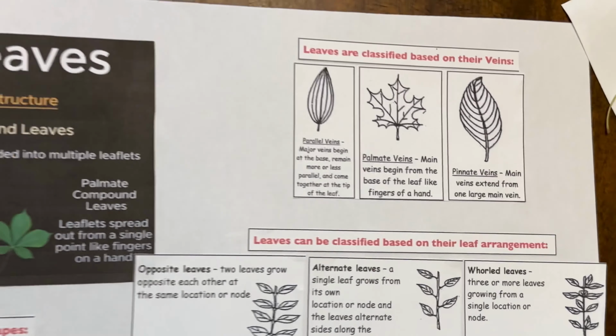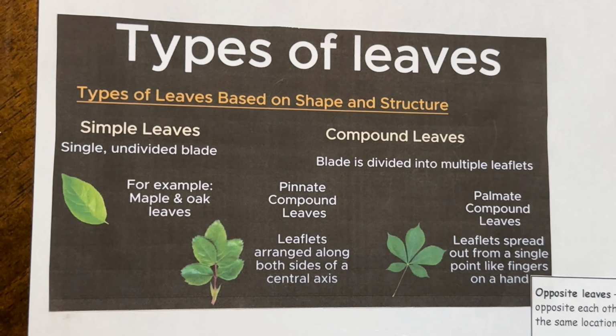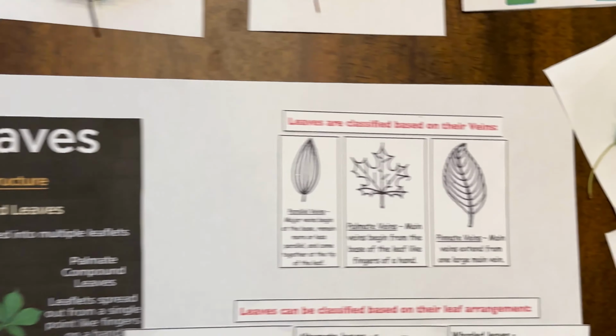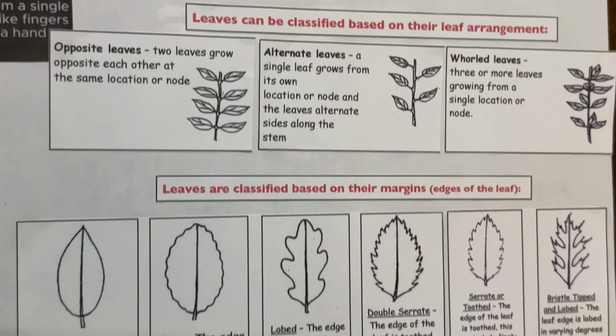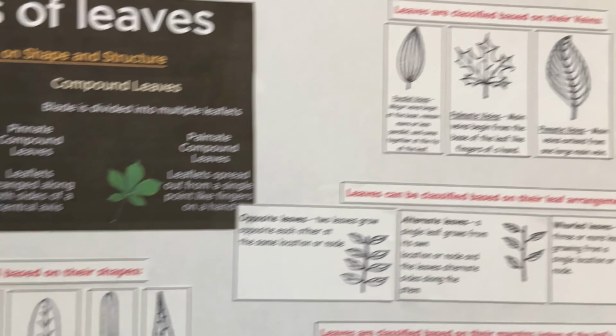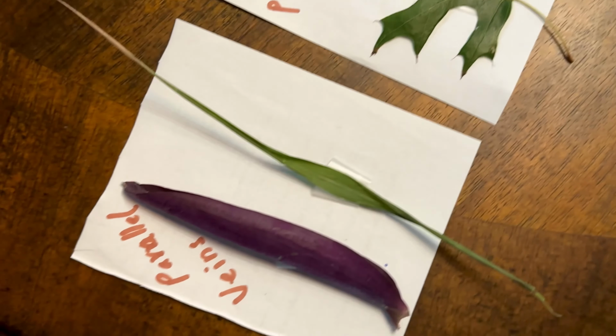Now that we've talked about the basic classification of leaves, we're going to look at a deeper perspective. We're going to be classifying based on venation, leaf arrangement, margins, and shapes. First, let's look at venation. As you can see over here to the left, we have parallel veins.